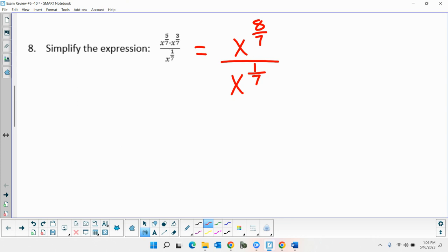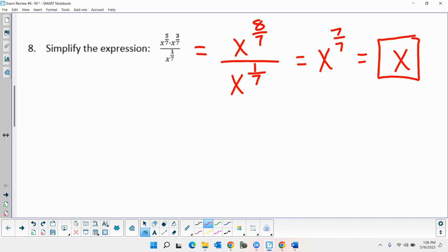Don't do that. Now what do you do with the exponents if it's division? Subtract. Where's the higher exponent, top or bottom? Top. So the x stays up top. What's 8/7 minus 1/7? 7/7, which is 1. So what's the answer? Just x.